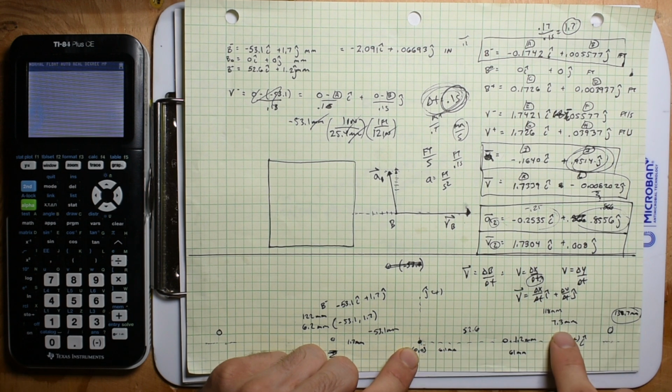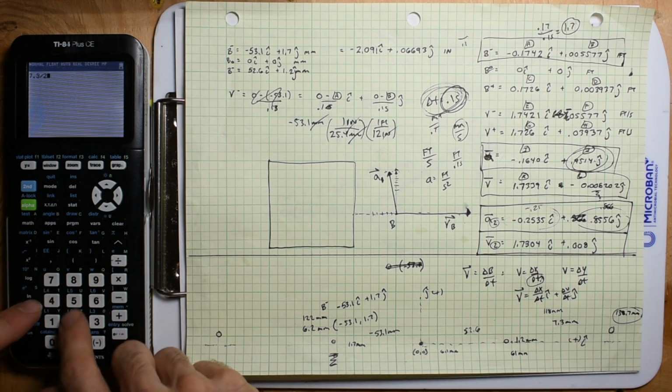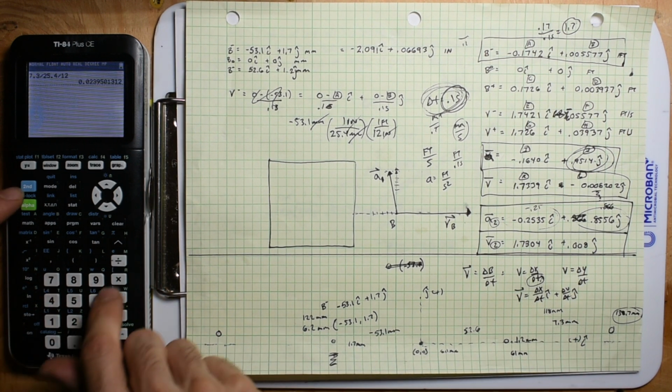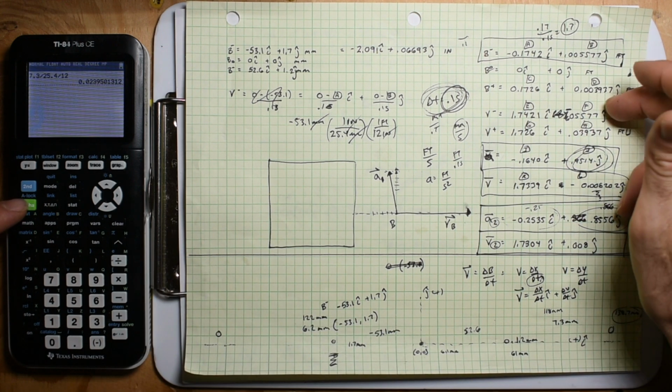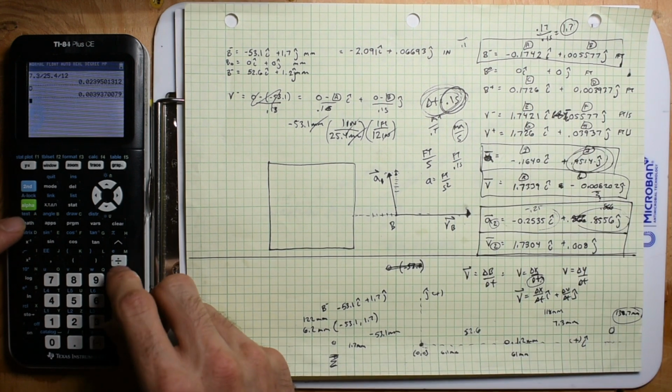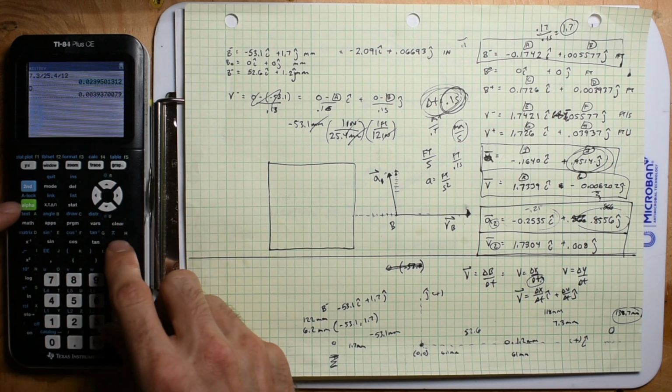So it's this term, it's this 7.3. 7.3 divided by 25.4 divided by 12. And it's in the positive direction for D, so alpha D should be... No, so alpha D was messed up.